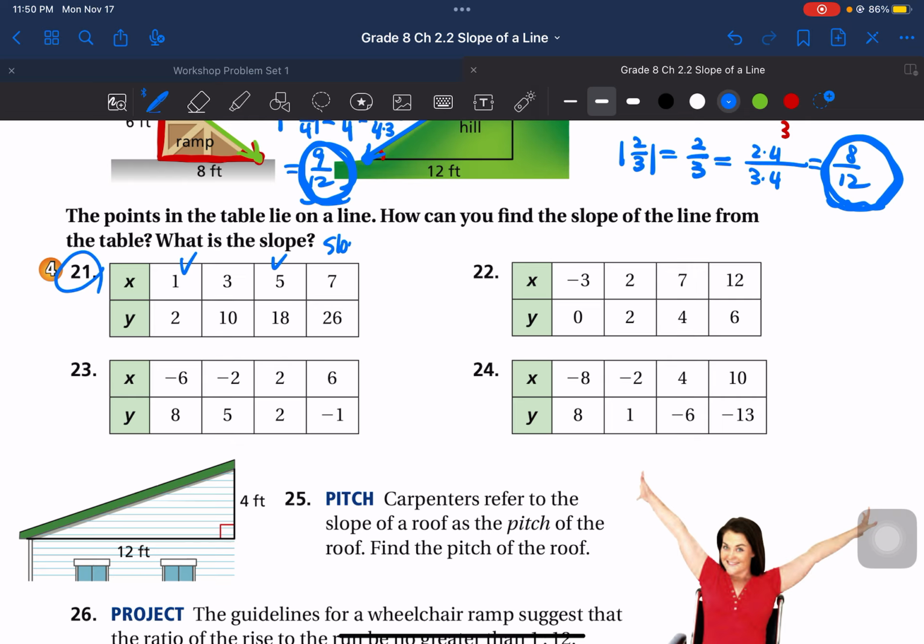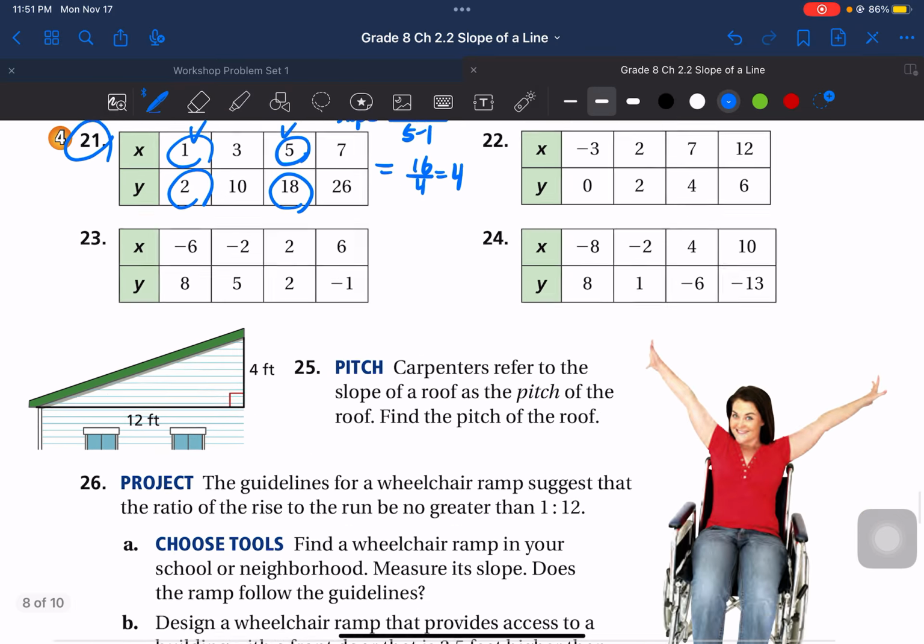So my slope would be y2 minus y1, which is 18 minus 2, over x2 minus x1, which would be 5 over 1. So I have 16 over 4, which is 4. So for the first one, my slope is 4. And then you'll do the rest of that, 22 through 24.